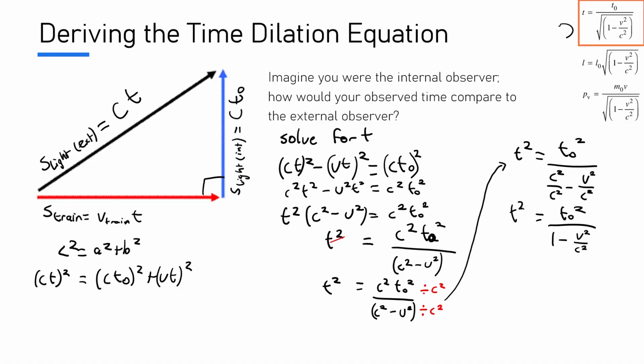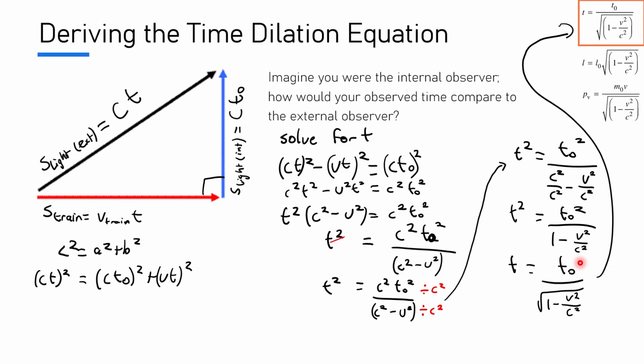And then the last step is to square root both sides. And there we go. We have transformed our Pythagoras version of our equation that relates t0 and t and expressed it in the same way as you will find in your datasheet. This is the time dilation equation.